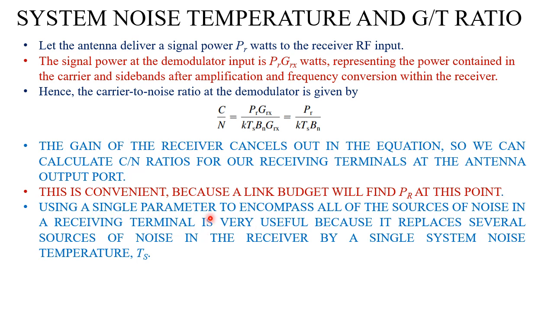Using a single parameter to encompass all of these sources of noise in a receiving terminal is very useful, because it replaces several sources of noise in the receiver by a single system noise temperature Ts. So we are actually simplifying all the equations, particularly as far as noise is concerned.